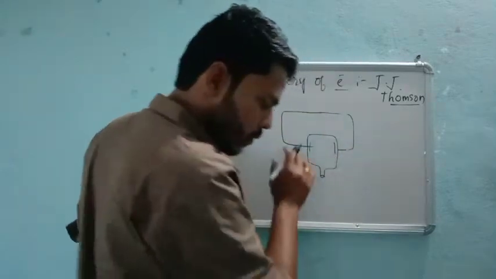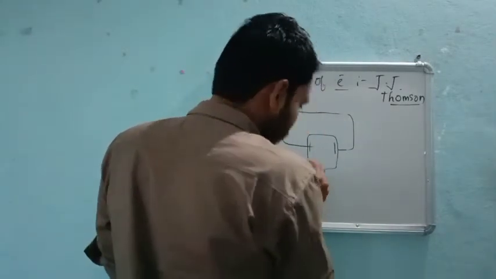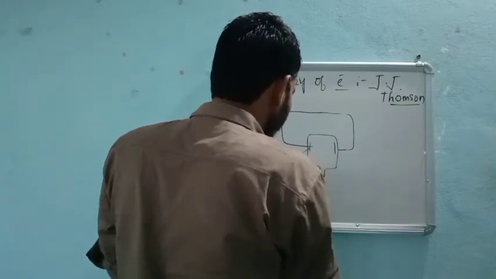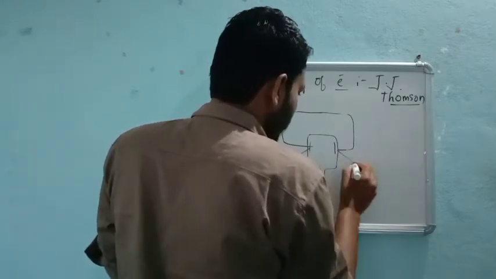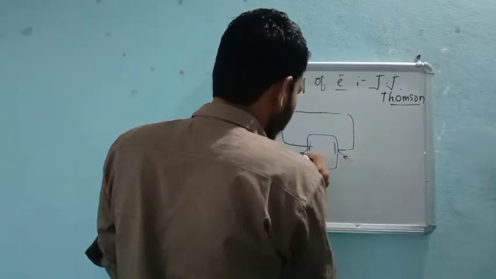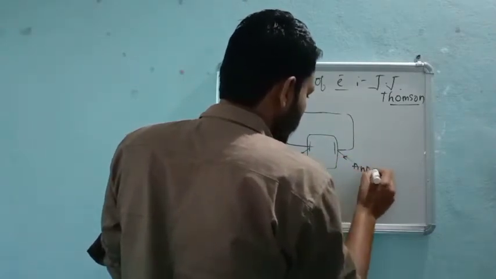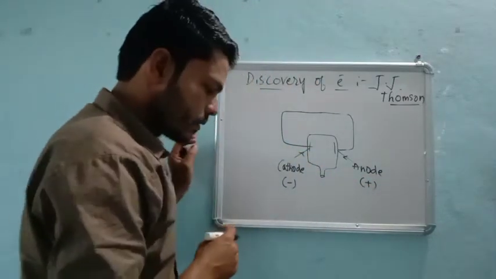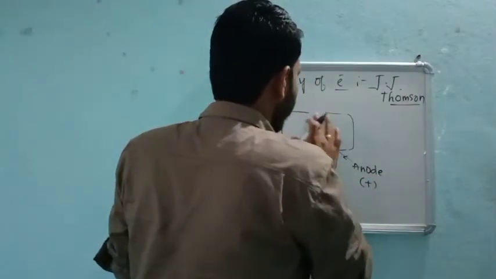There are two parts over here. One is called the cathode. Cathode means negative. And the other part is the anode. Anode is positive charge. And this we connect with electricity.